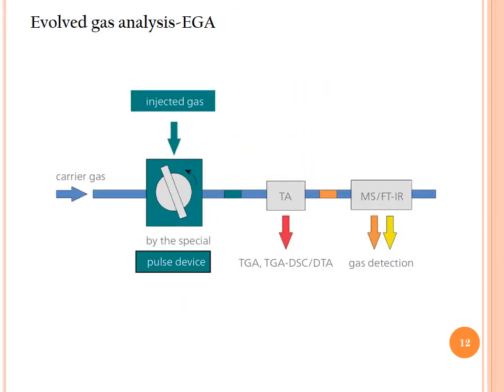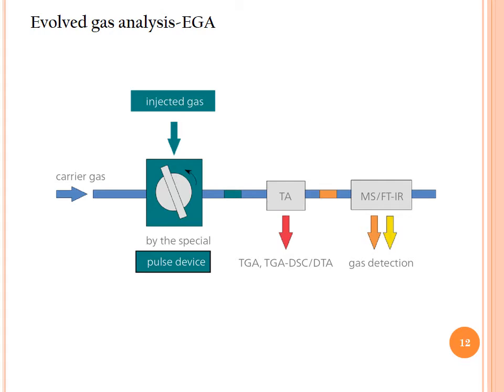So this is a block diagram for the evolved gas analysis, EGA. For example, this is a carrier gas from any type of thermoanalytical technique, usually DSC or TGA. Then the evolved gas is injected by a special pulse device.